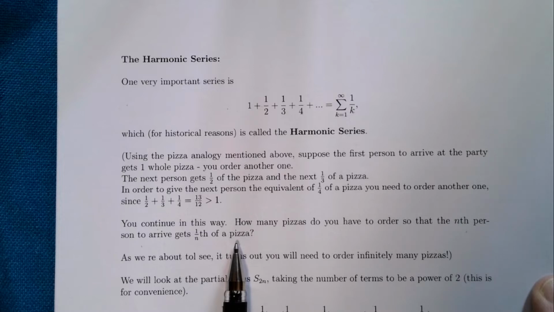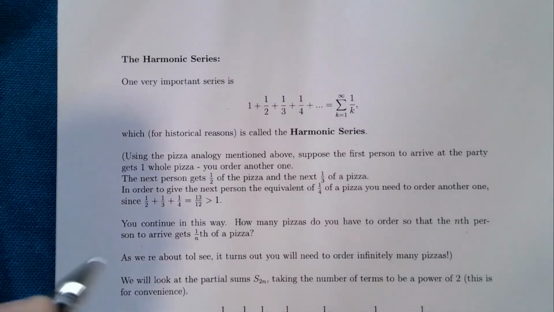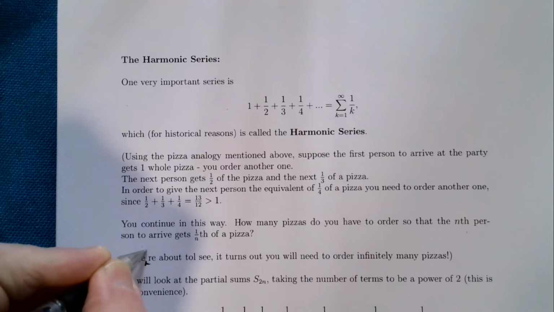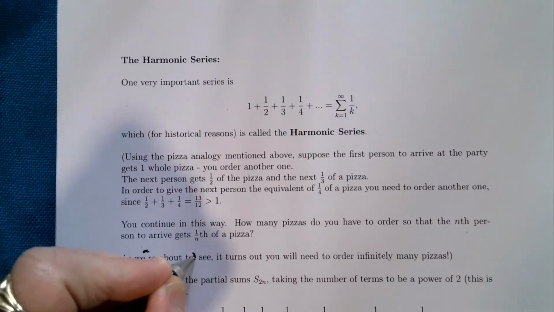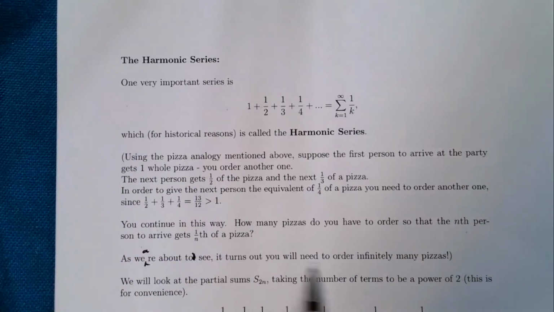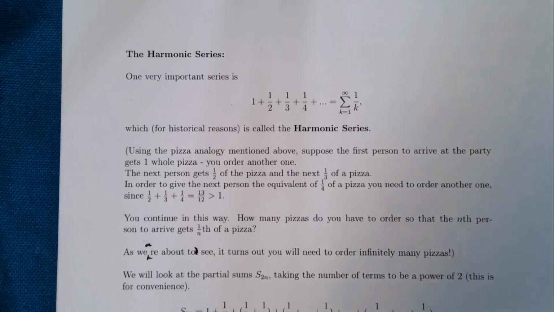And we're going to see that this is not a good move, because we're about to see that you need to order infinitely many pizzas. And sorry, again, there are some slight typos here. So we're about to see it turns out you will need to order infinitely many pizzas in order to give each person something.